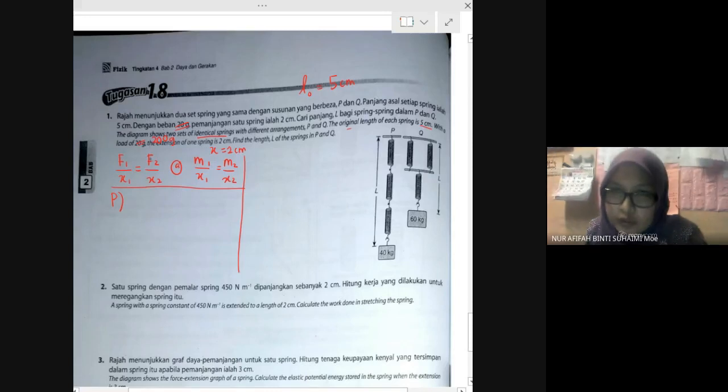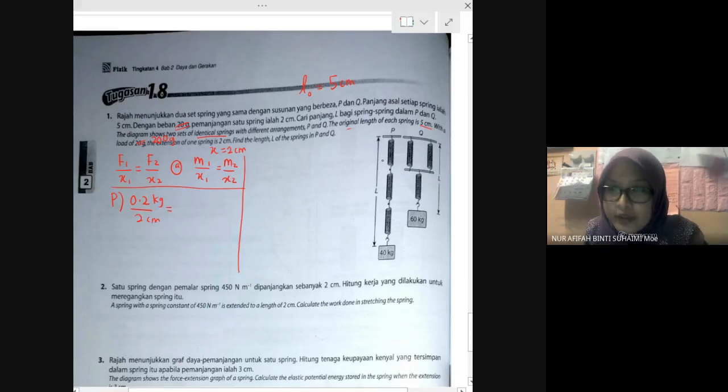0.2 kilogram, okay, over X. Dia dah bagi X. Kita tak boleh nak cari X lain. So kita hanya ada yang dah diberi pada soalan. X equal to 2 cm. Okay, and then what is the extension of P?